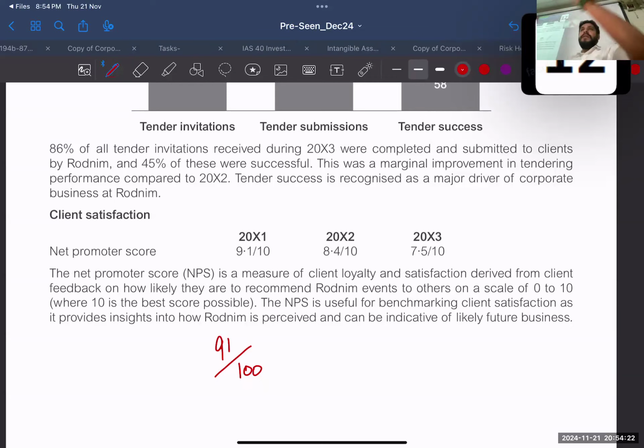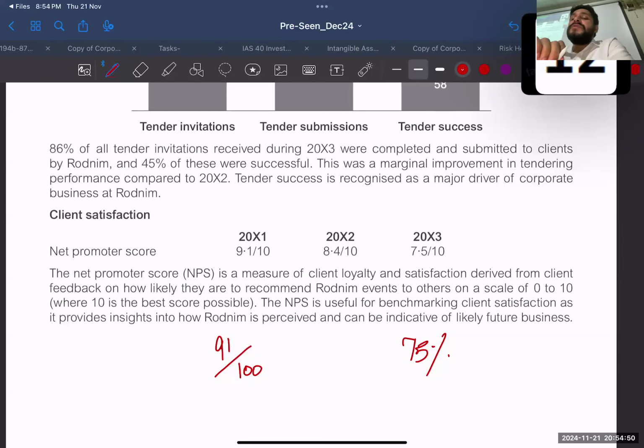Let's suppose we have a class of 100 people, and 91 out of 100 went out and said that you should go for SBL with SPH in 20x1. However, in 20x3, only 75% of the clients are referring back, or providing word of mouth for the company. So this means that your satisfaction score is not good in comparison to the base year.